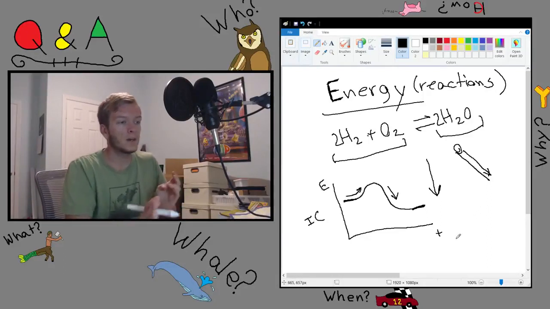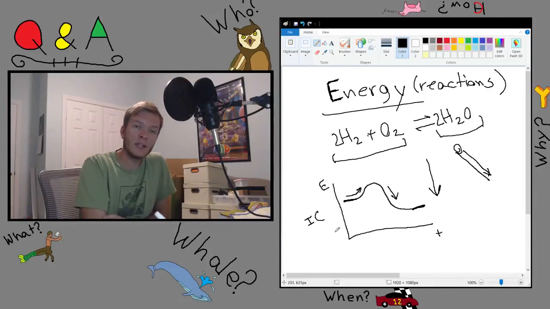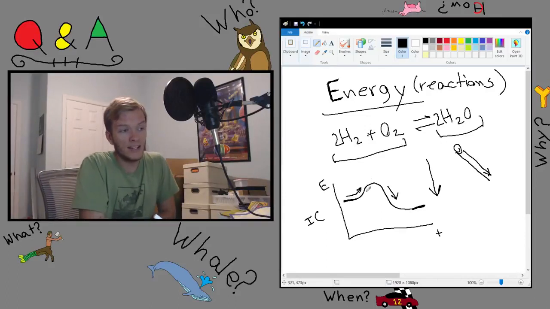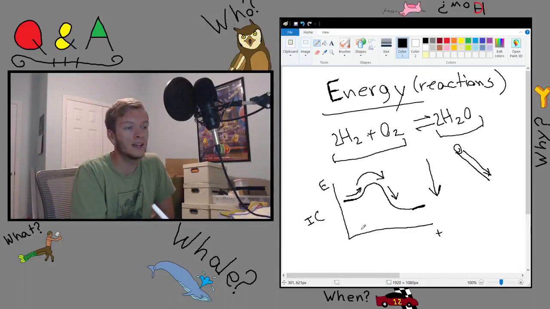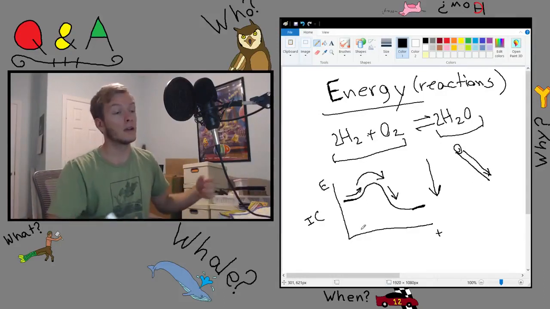And this is the graph that we're getting. In this initial environment, there is this mountain we have to climb in order to get to the situation where things just flow on their own.